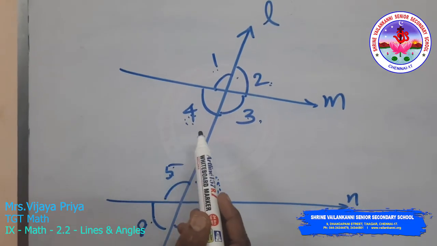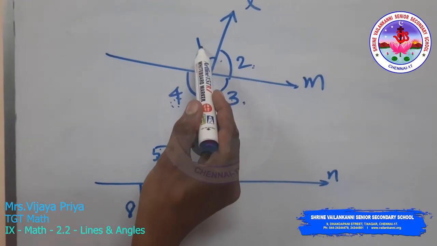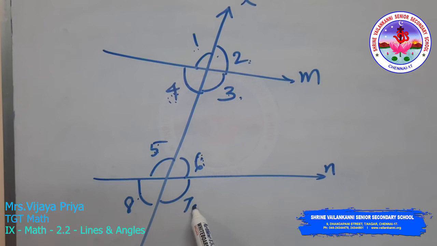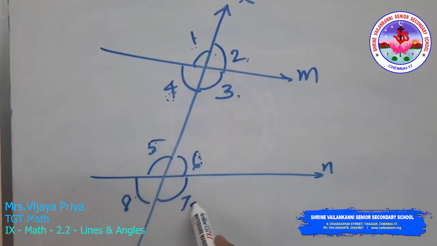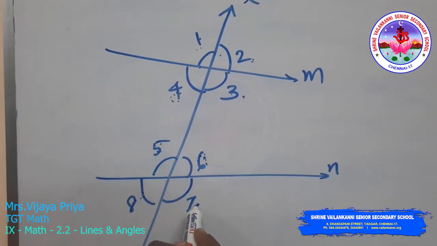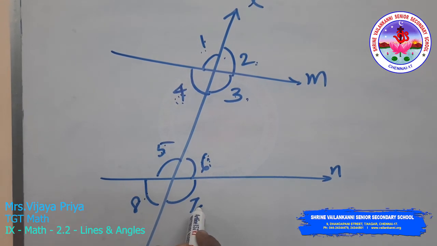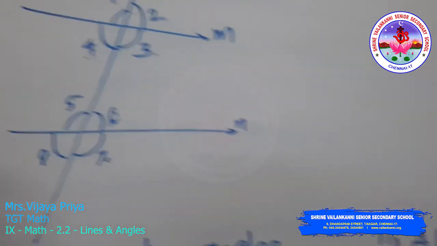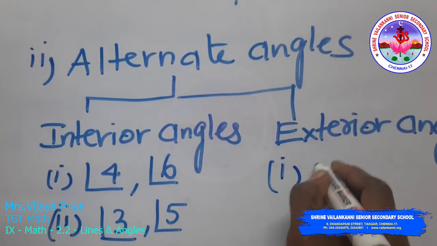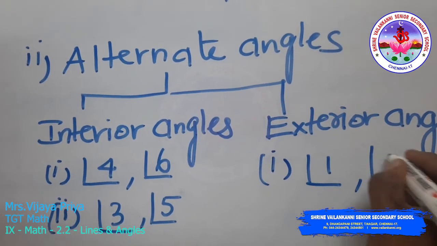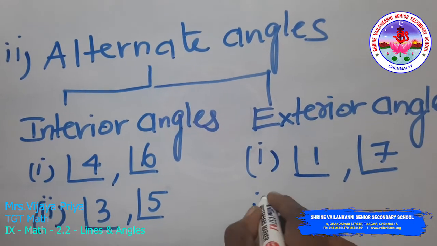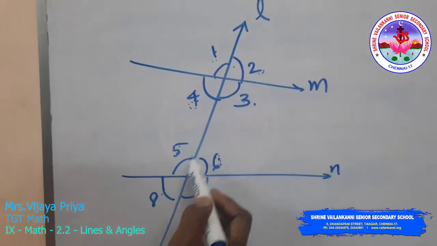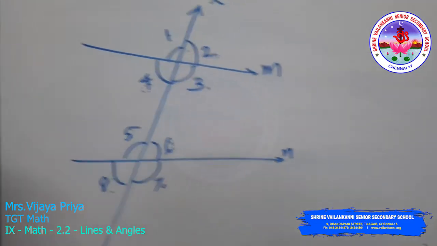Coming to the exterior, I have angle 1 and angle 7. Angle 1, angle 7 is one pair of alternate exterior angles since it lies outside. My second pair is angle 2 and angle 8.